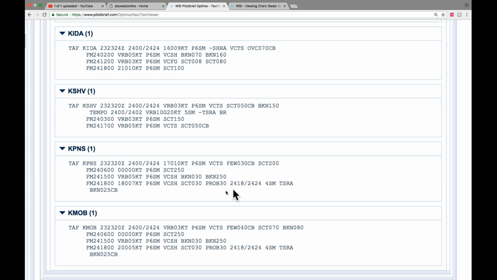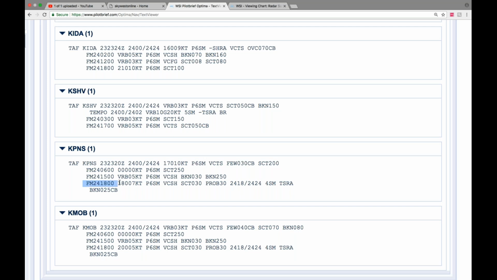So here's an interesting one. This PROB30. Anybody want to take a stab at what PROB30 would mean? Probability at 30%. Exactly. So there's a probability. Sometimes we'll see TEMPO, sometimes we'll see a PROB30, sometimes we'll see a PROB40.